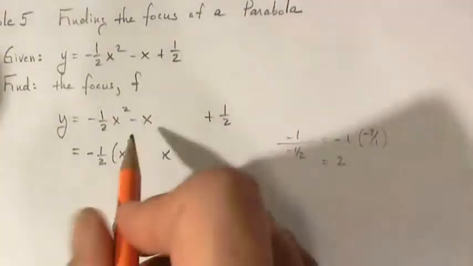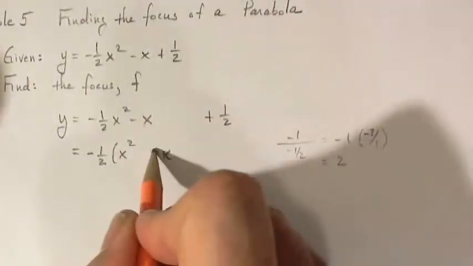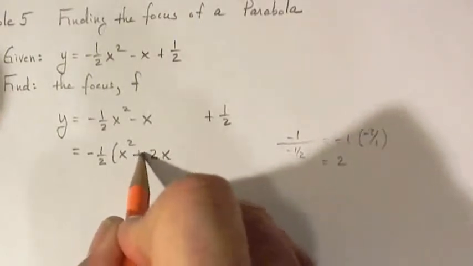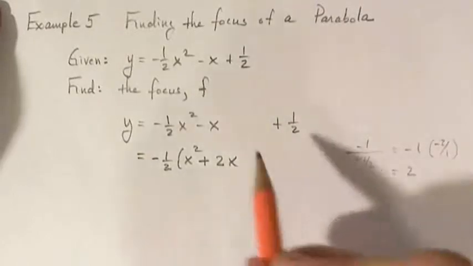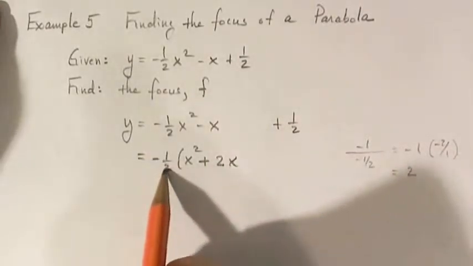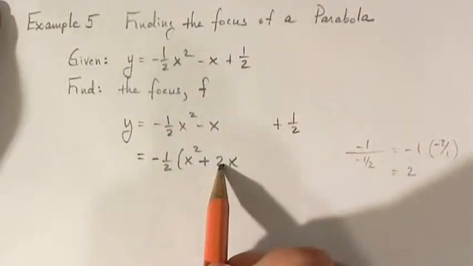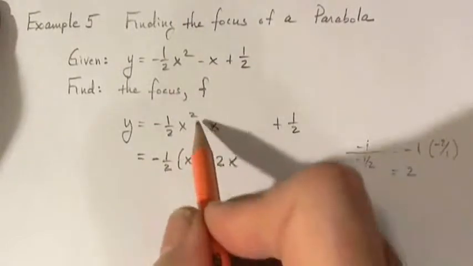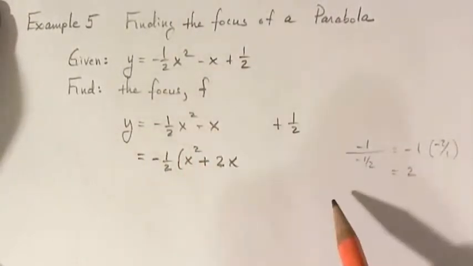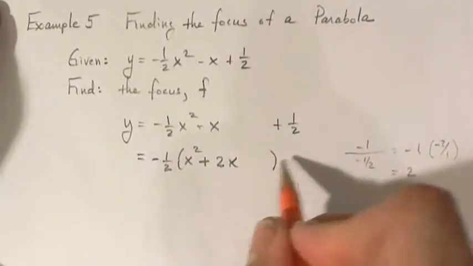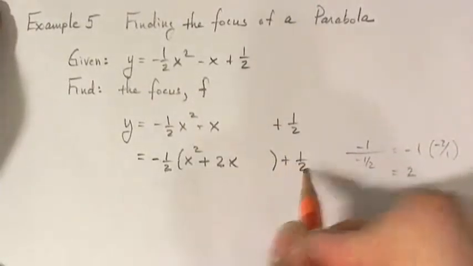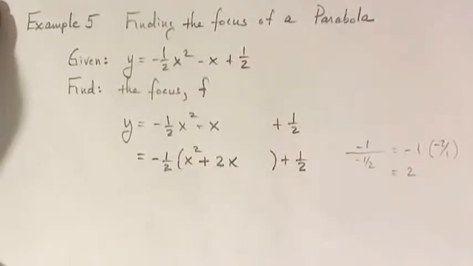I know this seems a little confusing, but I'm just going to put a 2 here with a plus. If that doesn't make sense right away, look at it like this: negative 1/2 times 2, the 2's would cancel and I would get negative 1. Think about this one a little bit. Okay, so this is plus 1/2 and I have y equals.